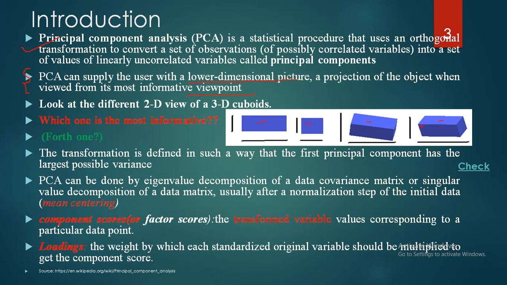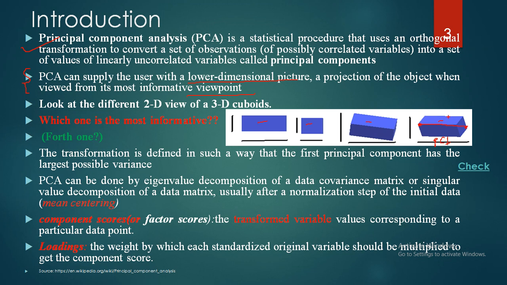Now here, what do you mean by maximum information? Let me ask, what is the maximum length of vector that can be accommodated inside this object? That would be, if you join the two opposite, farthest diagonal points, the longest line or longest vector accommodated inside. The vector which captures the maximum variance or maximum spread is called principal component 1.